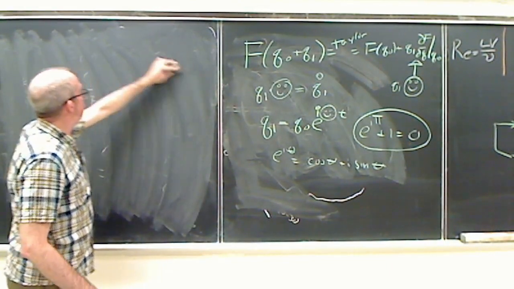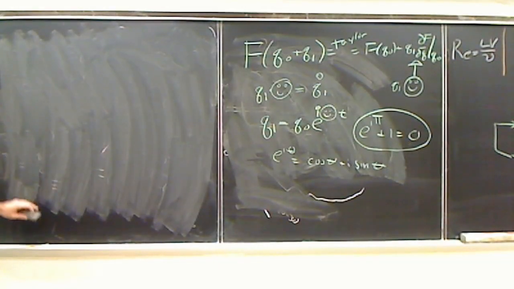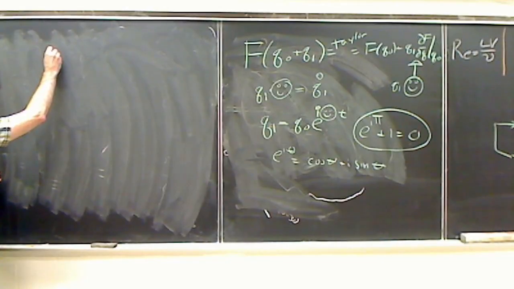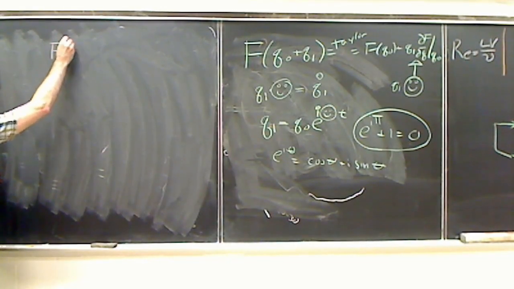It enables communications. It enables so many things that are crucial for modern life that come from the Fourier transform. So let's talk about the Fourier transform for a second. So I have some function f of x.